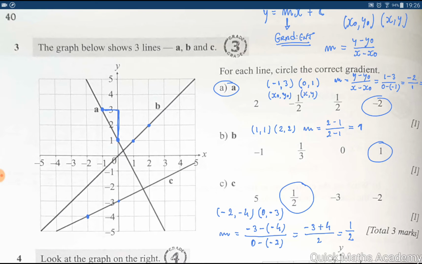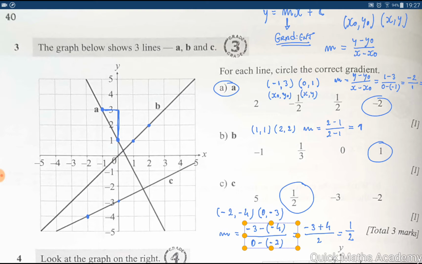So if I moved 1 x and 2 y's, my gradient is 2, because I'm moving 2 y's for each x. But my inclination is negative, so it must be -2.